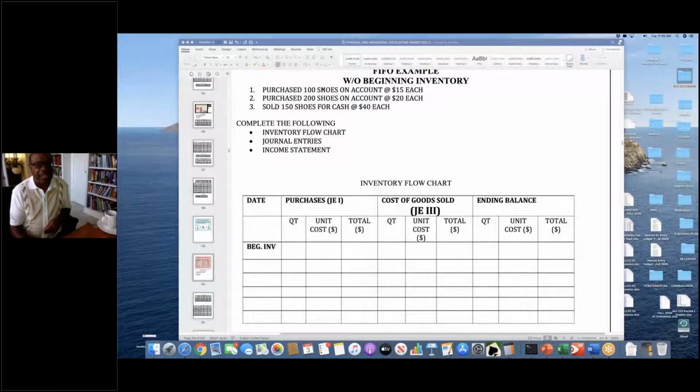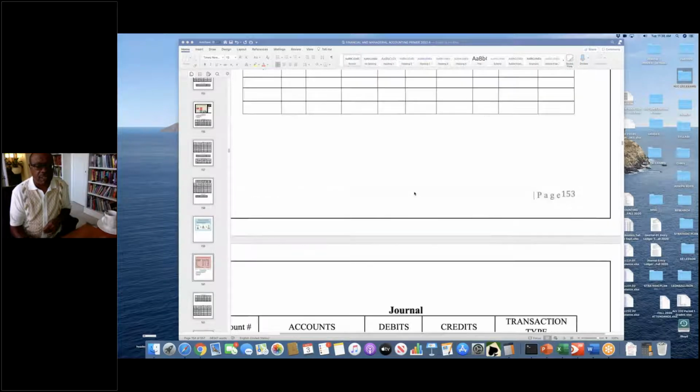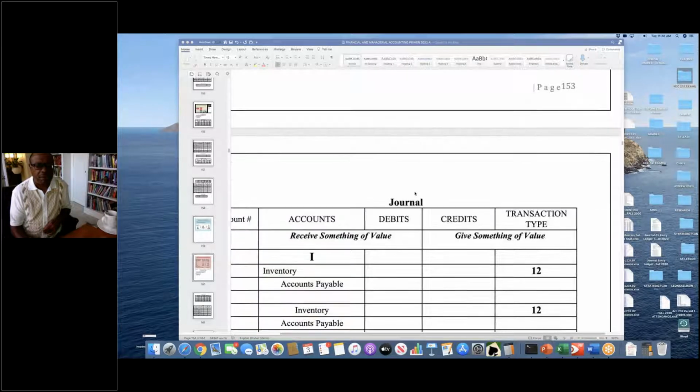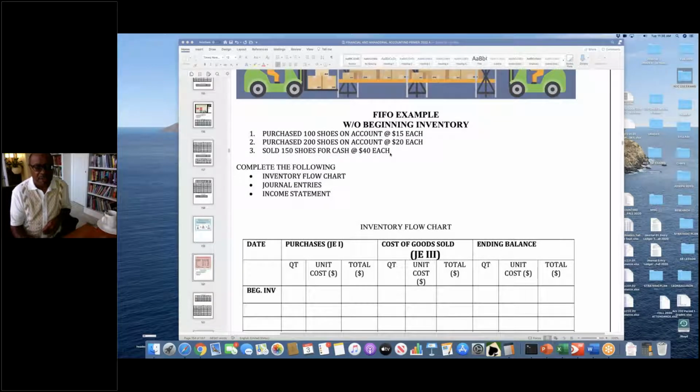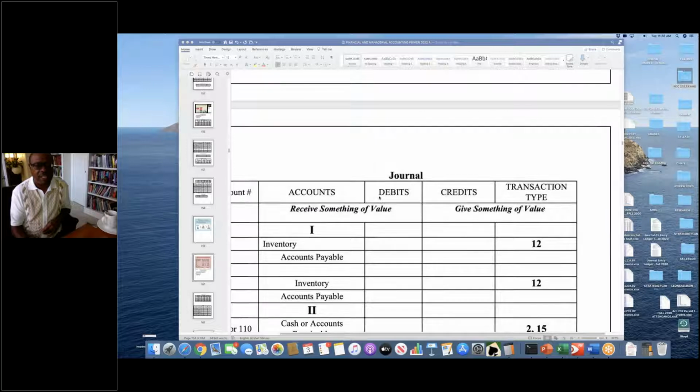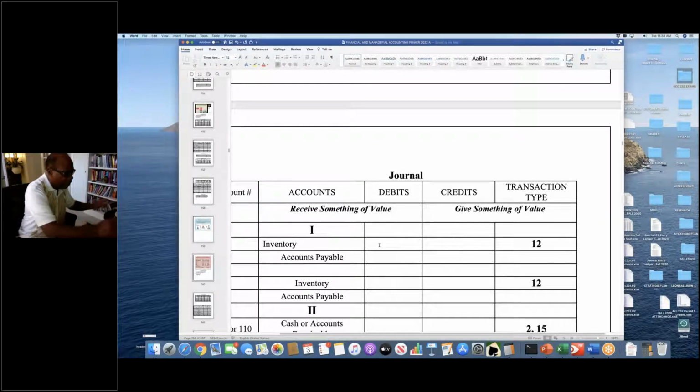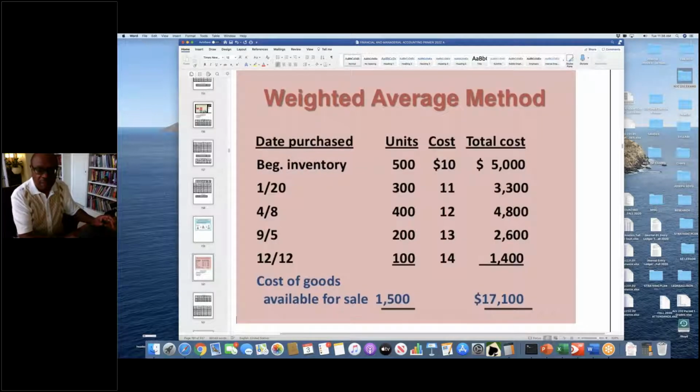First thing we got to do is record the purchase of the shoes. So let's go to a journal entry. Purchase the shoes. We purchased what, 100 pairs of shoes at $15? How much is that? Is that $1,500? Yep. Okay, so we got them in here, $1,500.